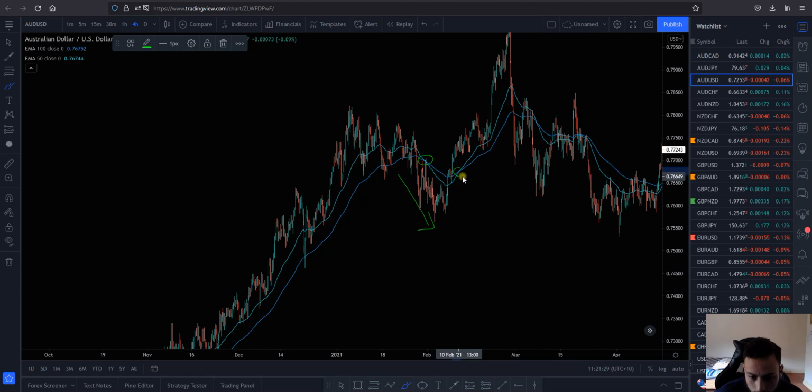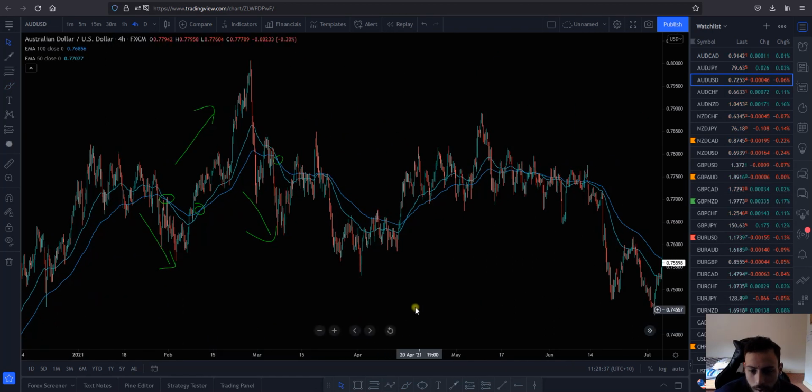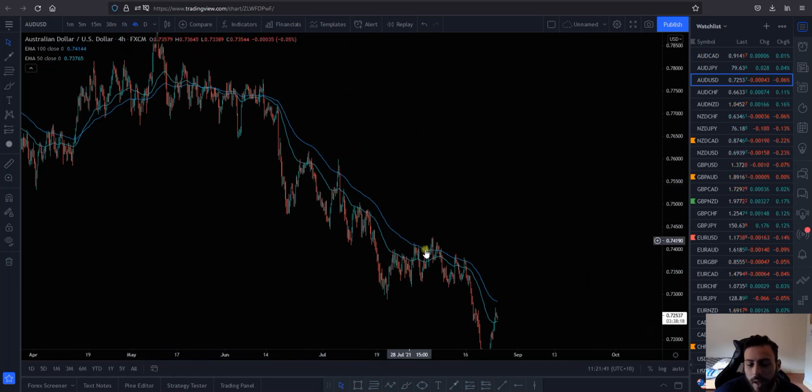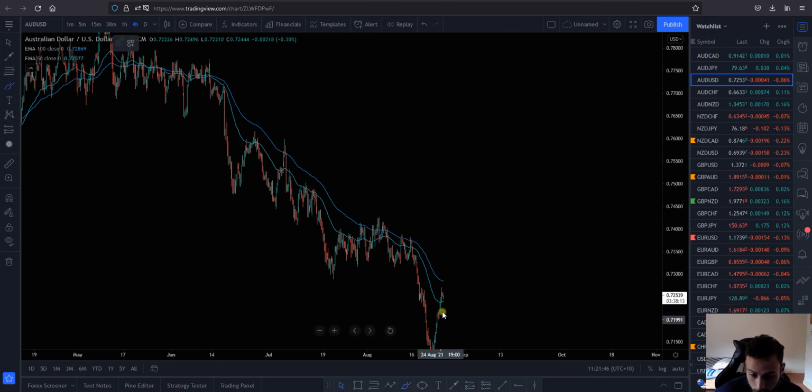Then we had a moving averages cross, and then we had a strong uptrend. Then we have the moving averages cross, and we had a minor downtrend, or that was the beginning of a downtrend. Okay. So what you notice is that, if this is a downtrend here, in order for the uptrend to occur, we need to see the moving averages cross, and that cross gives us the information that a new trend is going to happen.